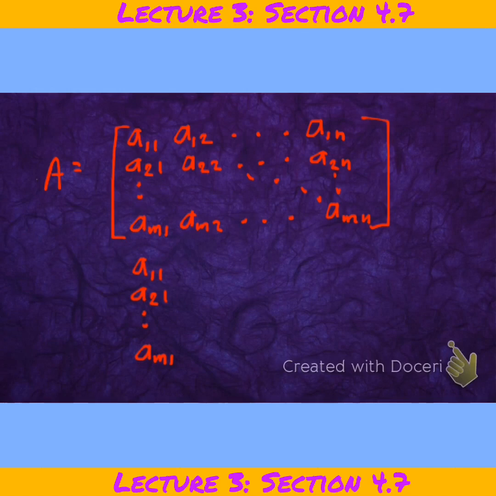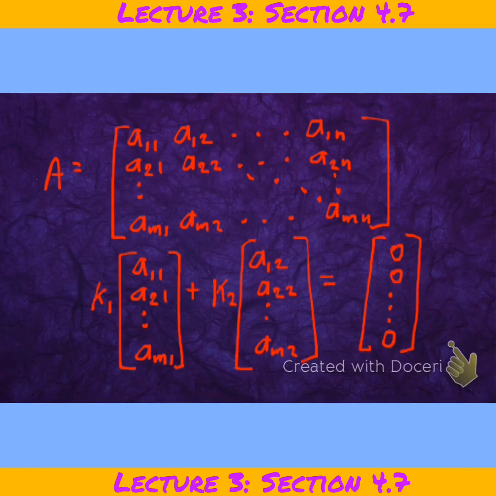So let's take the first column, and there's my second column vector. So we assume that these two column vectors are linearly independent. So write that formula down. We know that the only solution for the k's is the trivial solution, that is, k1 is equal to k2 is equal to 0.